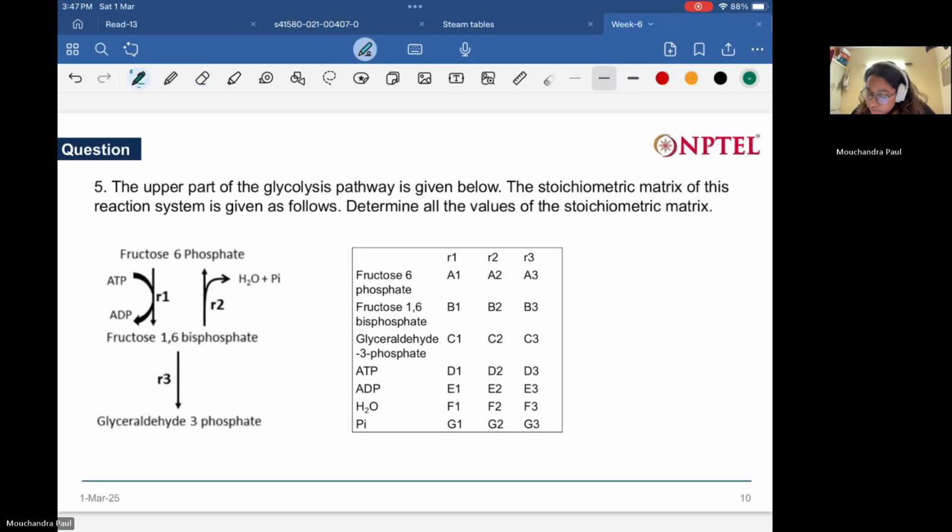So you are given a layout of a matrix containing 7 metabolites and 3 reactions. So a 7 cross 3 matrix you are given. The layout is given to us, and we have to basically fill in the values. So for clarity, I'll construct a new matrix for you.